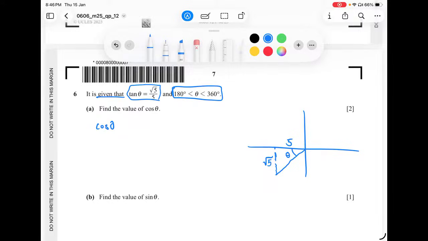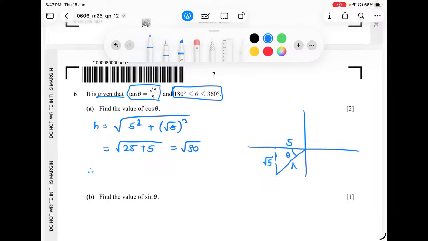Before you find it, you need to know the hypotenuse. Let's say this is h. H will be equal to the square root of 5 squared plus root 5 squared. That will give you 25 plus 5, which is the square root of 30.